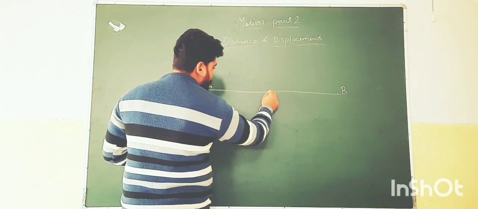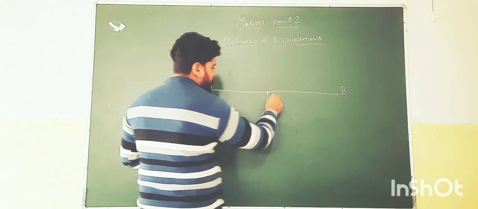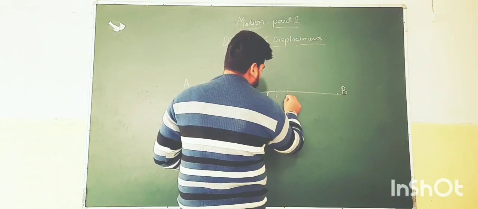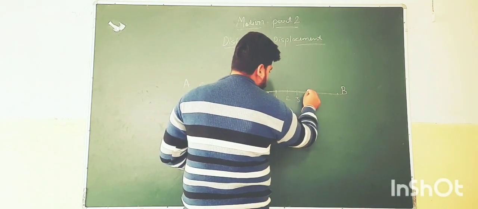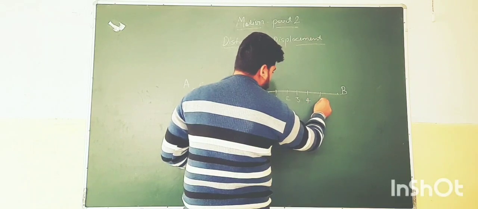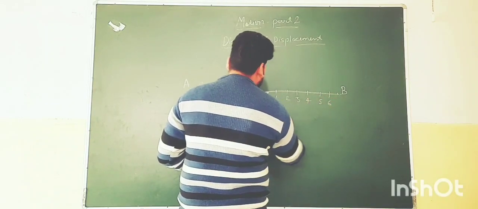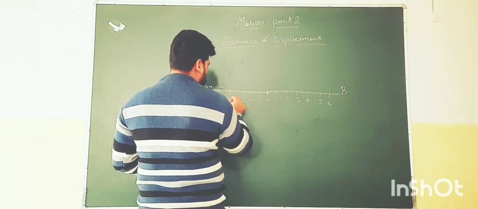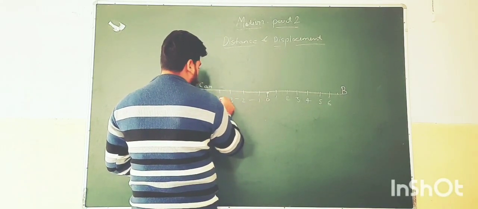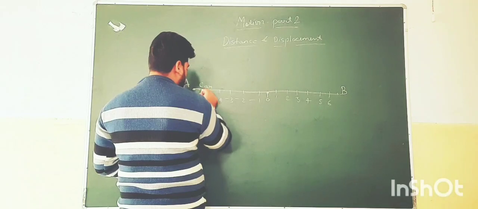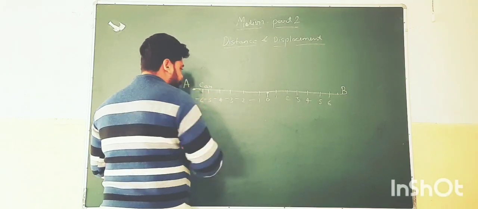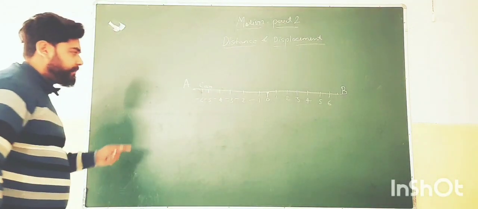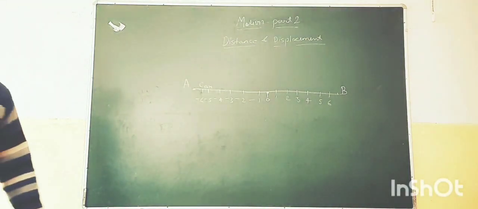This is the middle, that is 0, here 1, then 2, 3, up to 5, 6, and this side -1, -2, -3, -4, -5, -6. These all are the points.